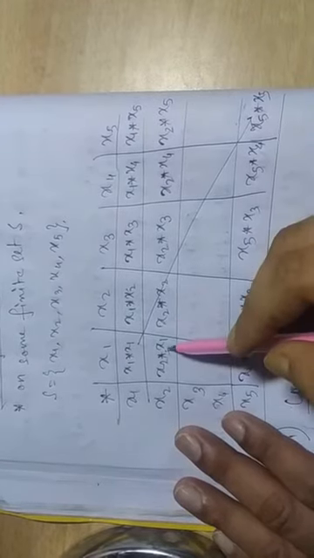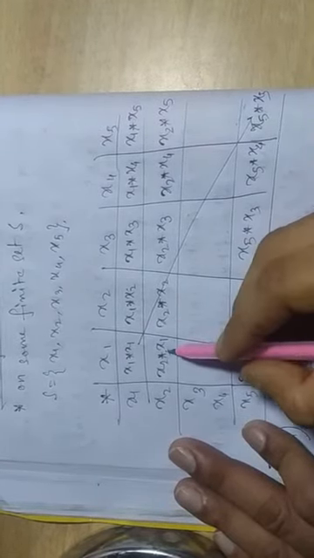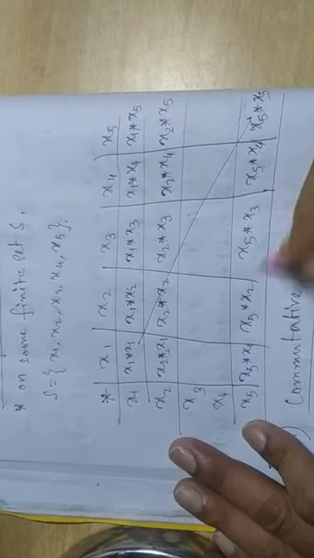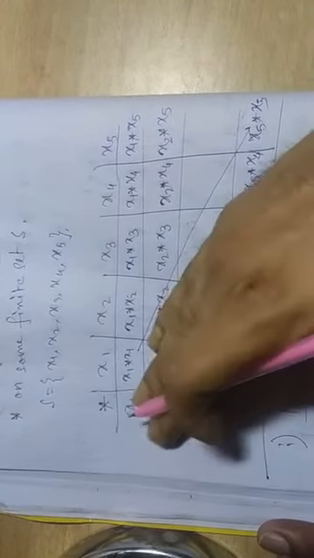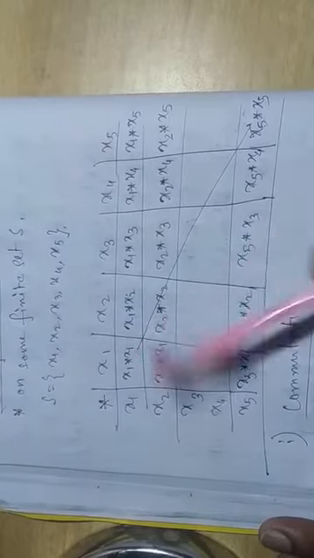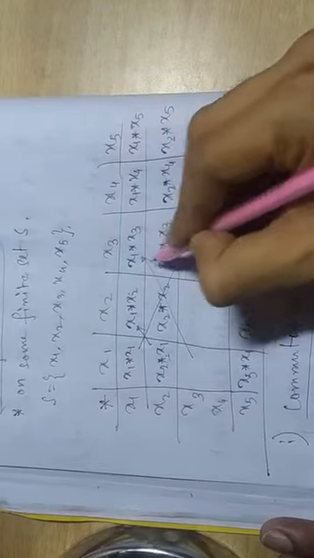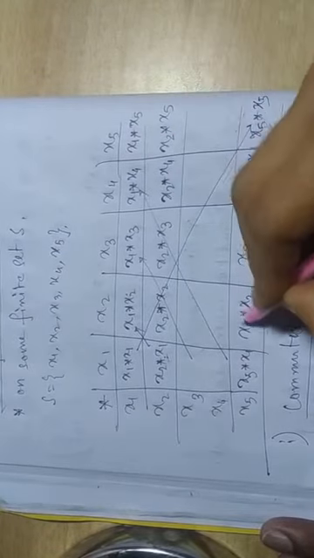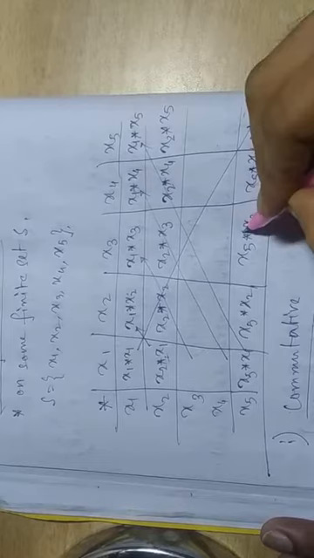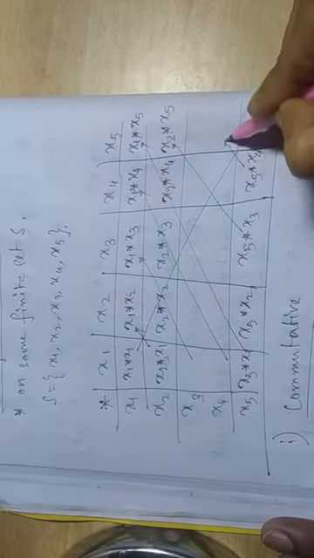Now for other elements you will realize that if the table is symmetrical, in terms of matrix symmetry, about the diagonal, meaning if you fold the table like this, the equal elements will overlap. So this will go here, this will go here, this one is here, and this one will be going here.